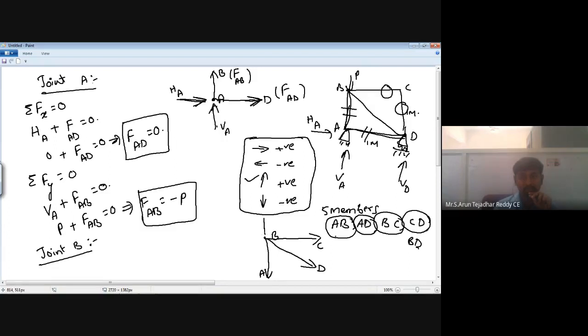And here one external load is acting, P. And here we can write it as FBC, FBD, FBA. And here one of the most important points is that the joint has a total of 3 members.